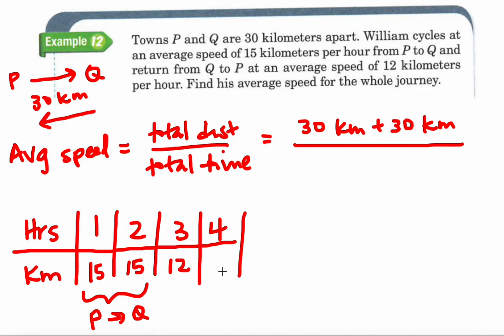Then back from Q to P, he's going 12 kilometers per hour. So we got 12, another 12. That's 24, not quite the 30. And then plus another 12 for the 5th hour. That would be 36, right? So up to here would be 36. So what would it be at 4.5 hours then? 4.5 hours would be another 6 kilometers, right?